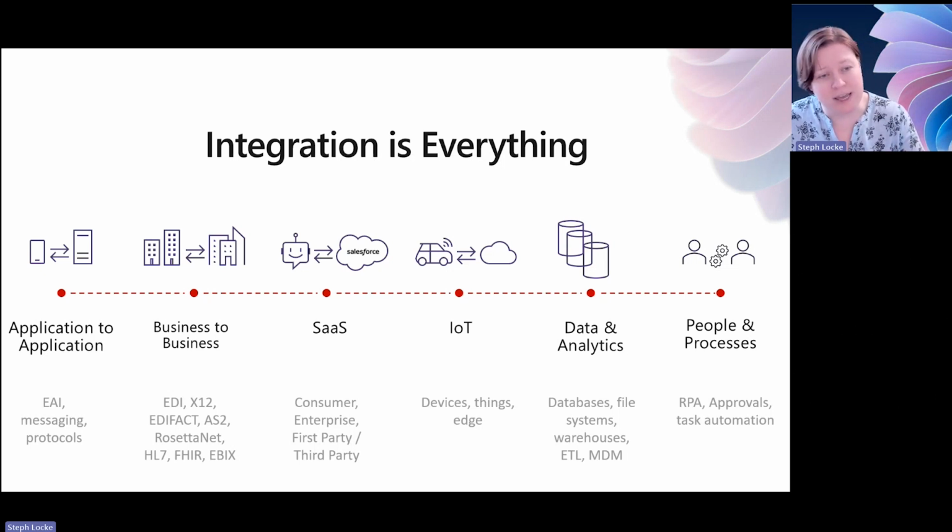We can communicate within our supply chain. We can communicate with our devices in our environments. We can use the information for better decision making, and we can enable more people and processes when we have the data in the right place at the right time.